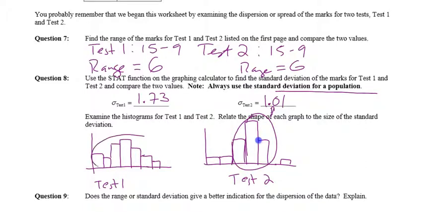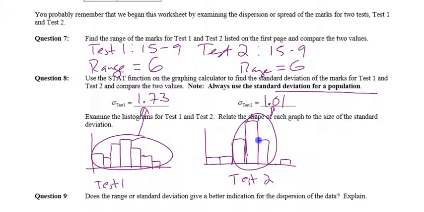With a larger standard deviation, we just have a larger spread. Or sorry, not really. A larger spread will give you a larger standard deviation, because standard deviation depends on the data, not the other way around. And the closer the data is to the mean, the smaller your standard deviation.